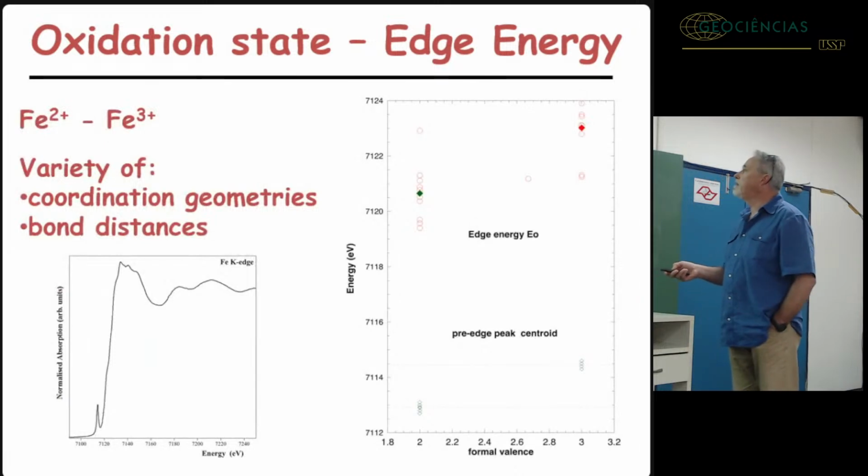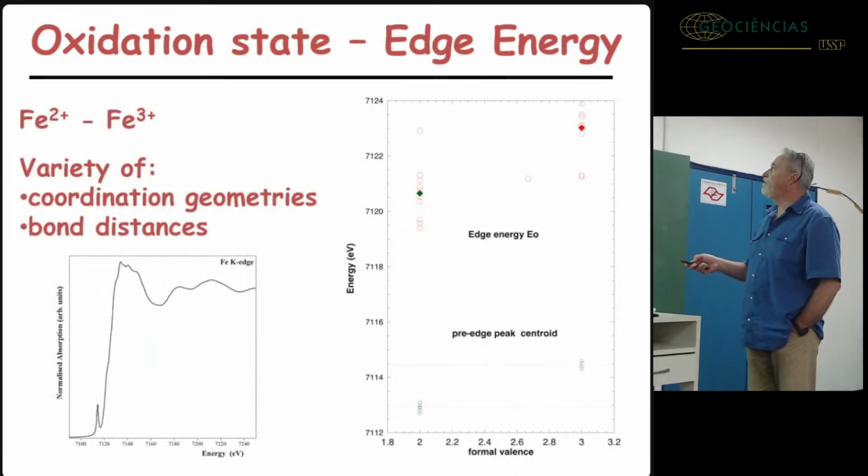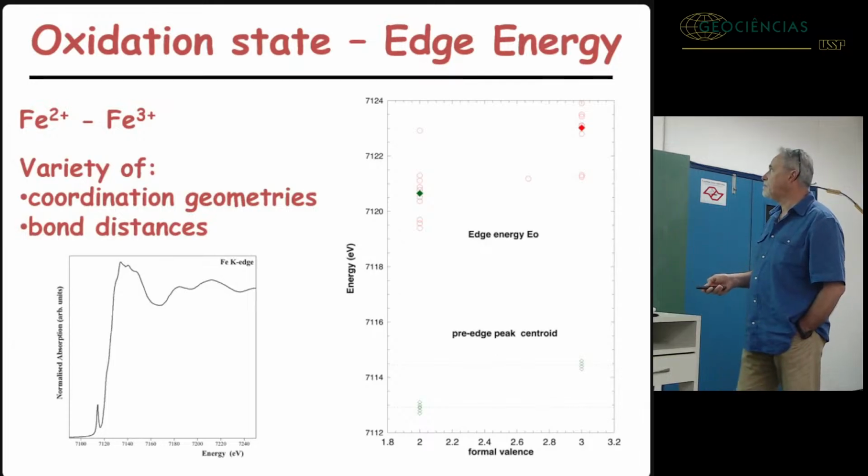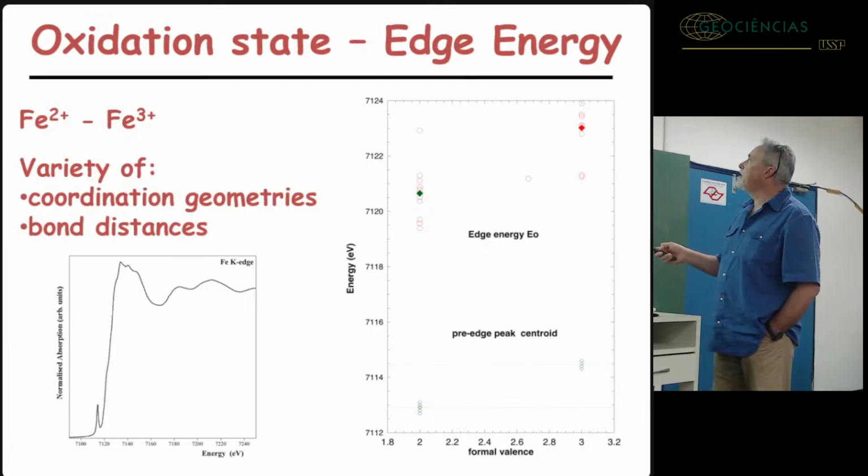And if we look at the iron edge for a large series of iron model compounds, both divalent and trivalent, here there is a range of edge energies. The solid symbol is the grand average for the divalent and trivalent model compounds.